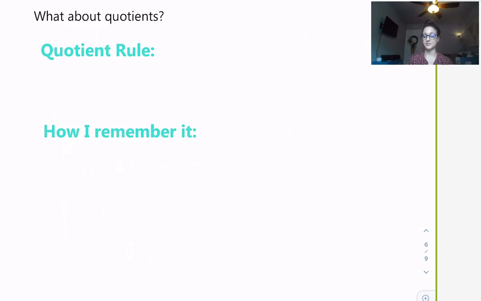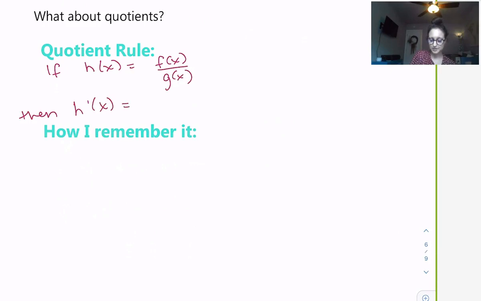What about quotients? What if I have a function over another function? Okay, so if h is equal to f of x over g of x, then h prime, the numerator is going to look really similar to product rule. So I take the derivative of the first, hold the second.